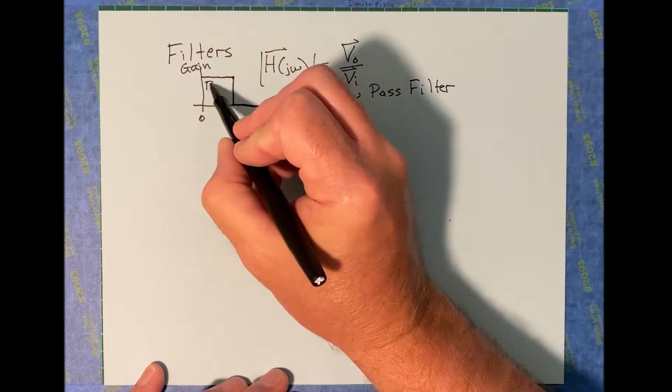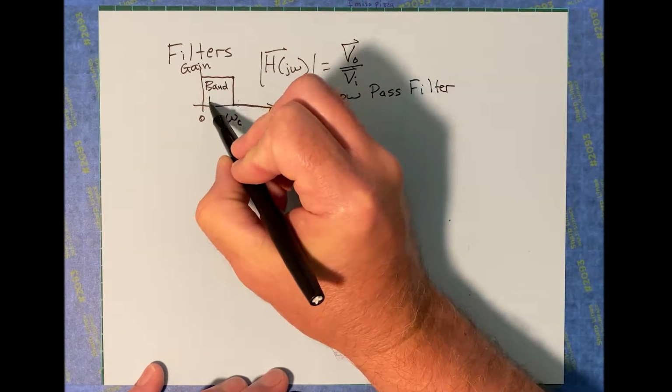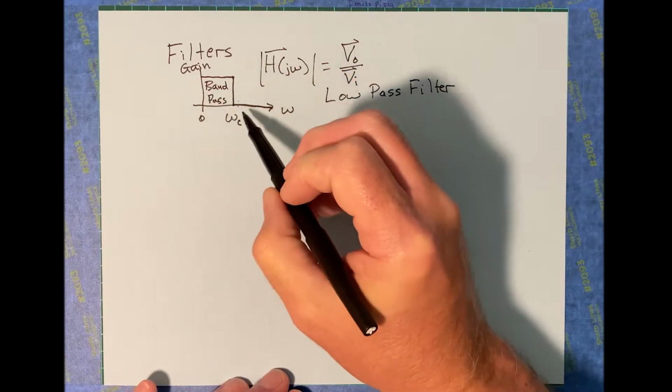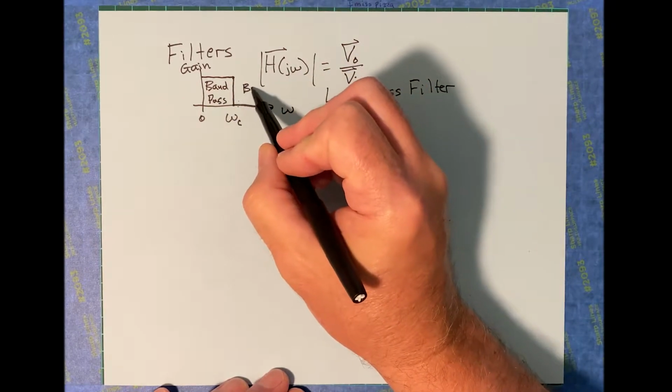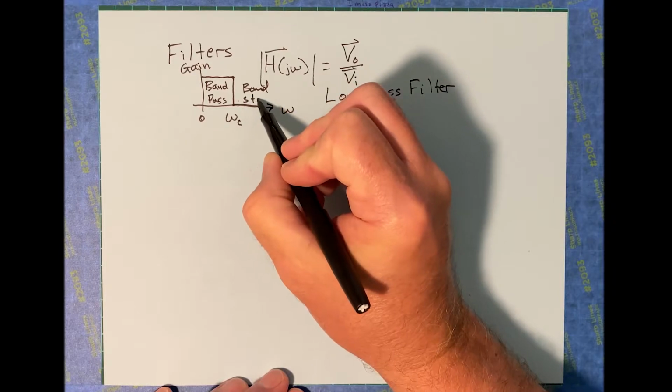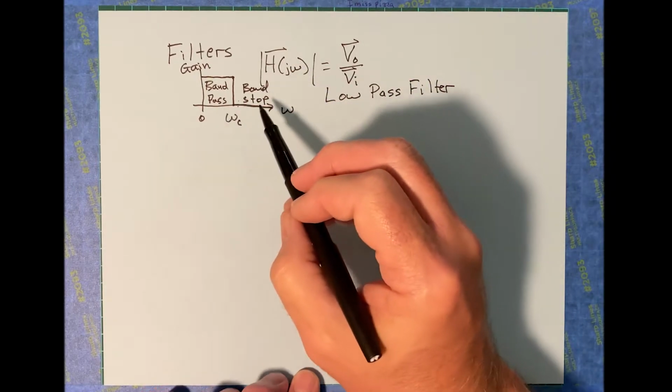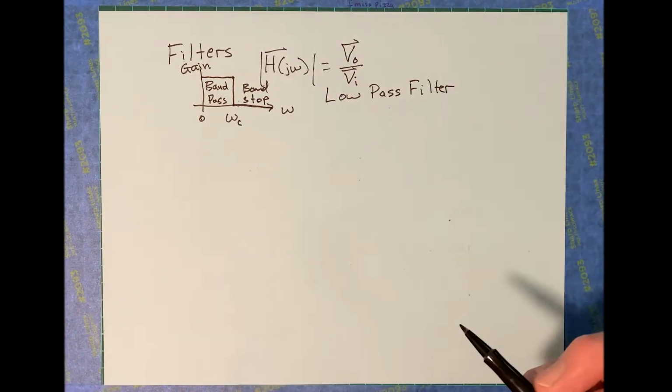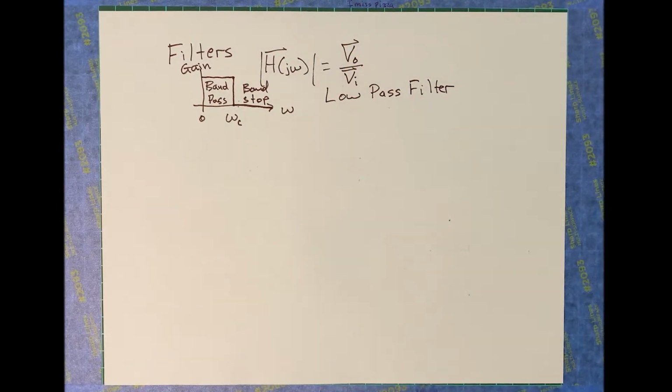This region over here, this is the band pass, and this region over here, this would be the band stop. So between the band pass and the band stop is the cutoff frequency, and you can see how that might work. Now, this is an idealized case.